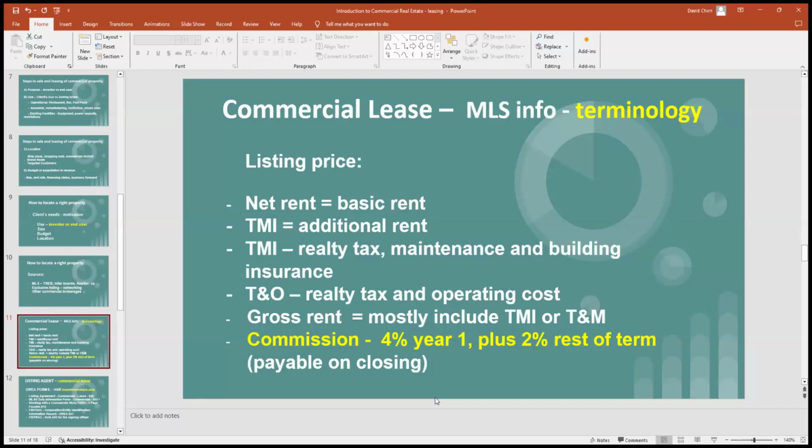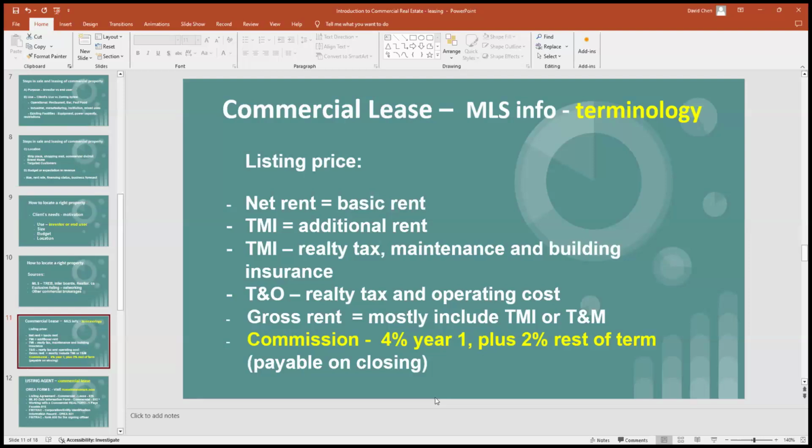So that's the qualification. Based on that, if you really find something according to what your client asked you to look for, you need to make sure you know about the listing. Some basic terminology you have to understand first, so I will go quickly through those terms.